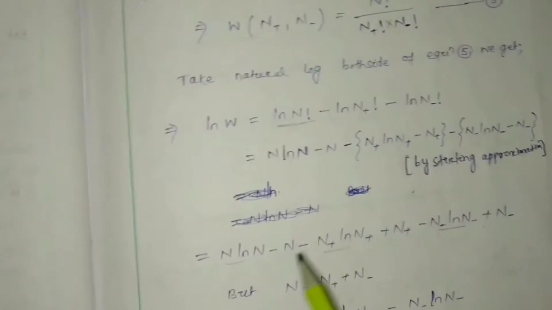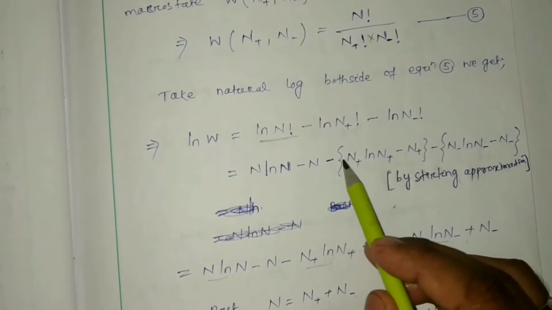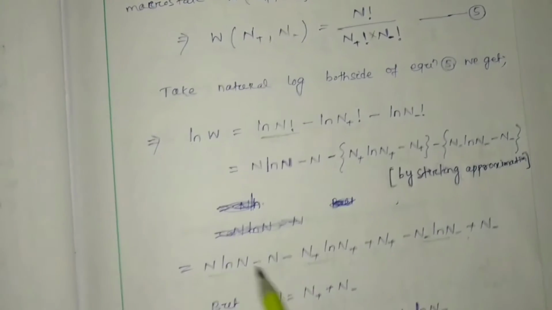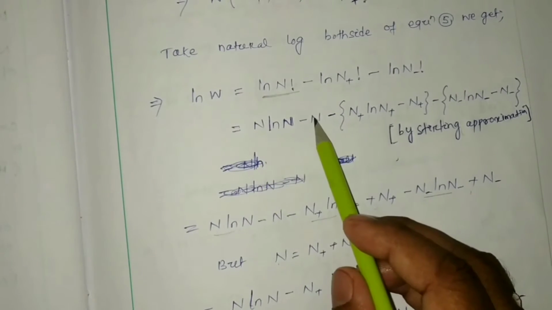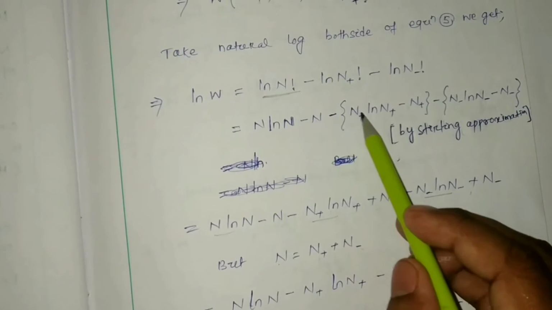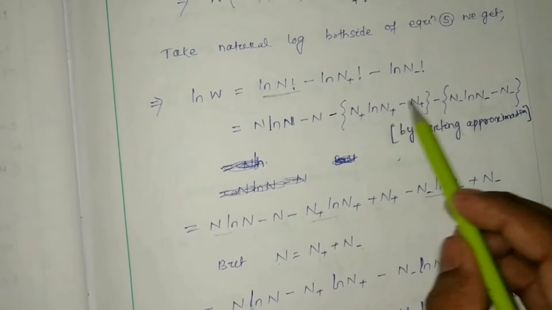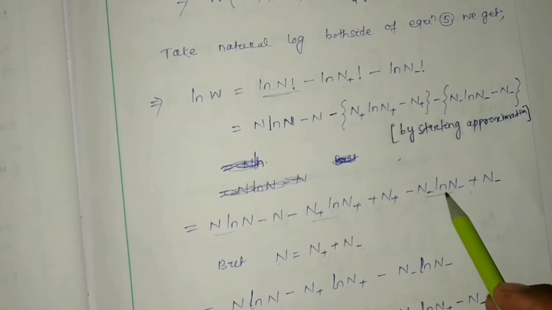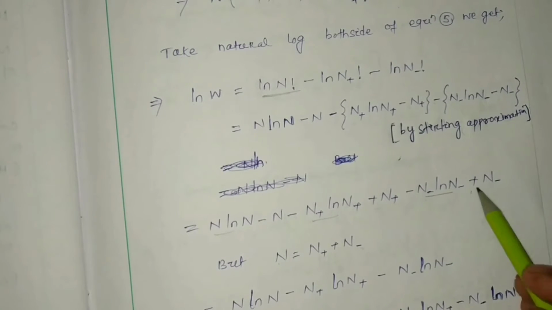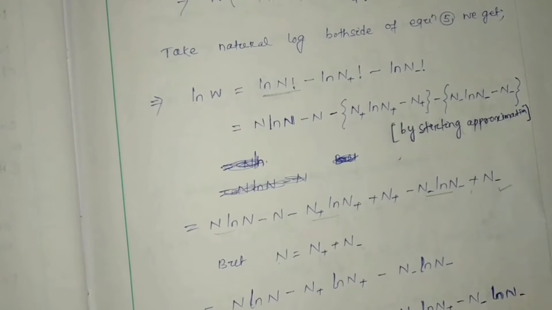This is equal to, here I just omitted the brackets and wrote all the terms: N ln N minus N, minus n plus ln n plus, plus n plus, minus n minus ln n minus, plus n minus.